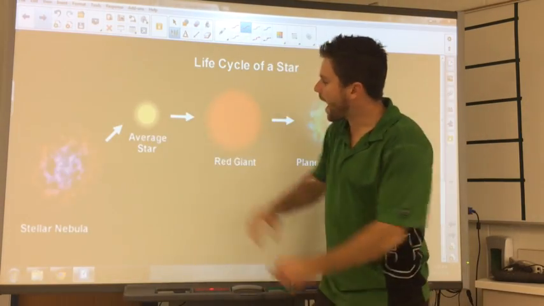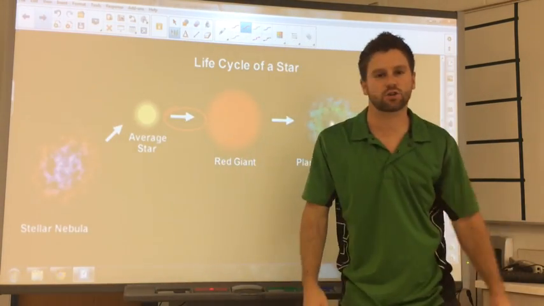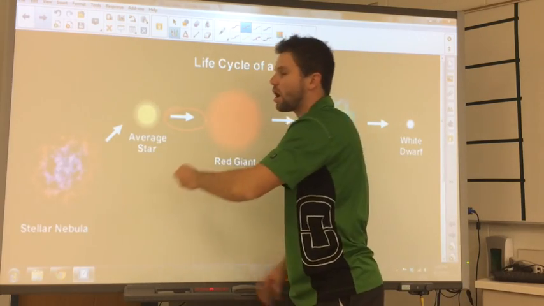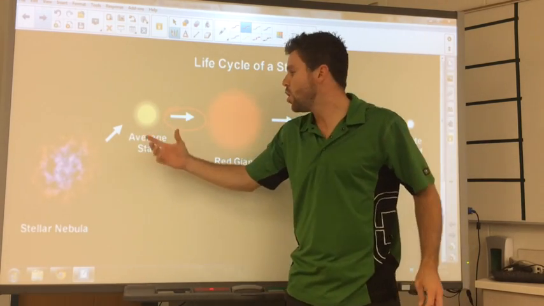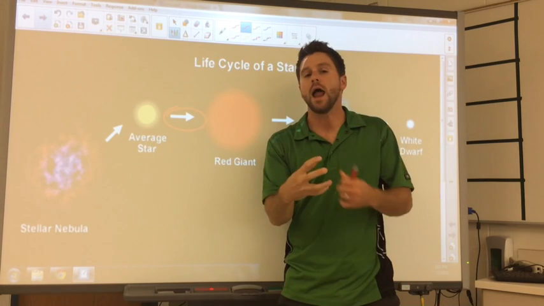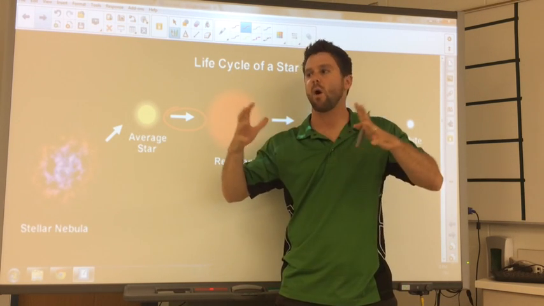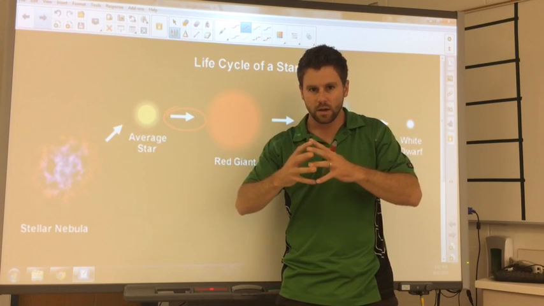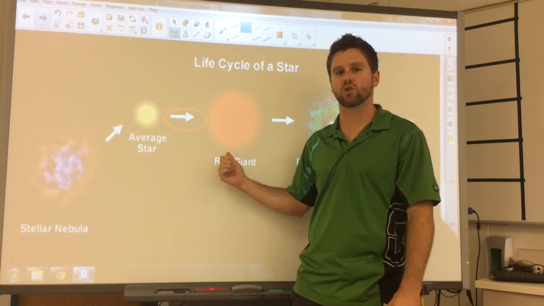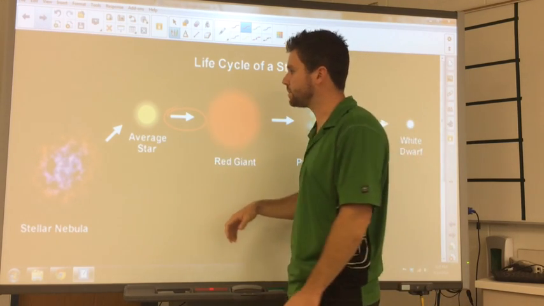And we're kind of in this transition period. Once the average star runs out of hydrogen, we start to heat up the core, and by heating the core up, it starts to expand or blow up like a balloon, and so the star begins to grow in size. Okay?